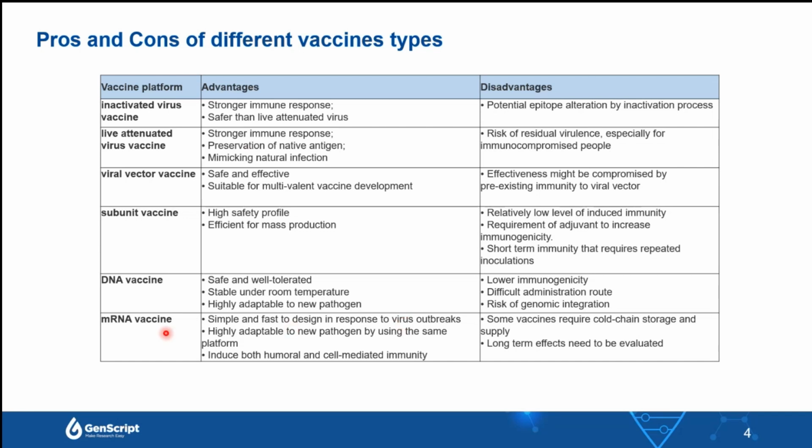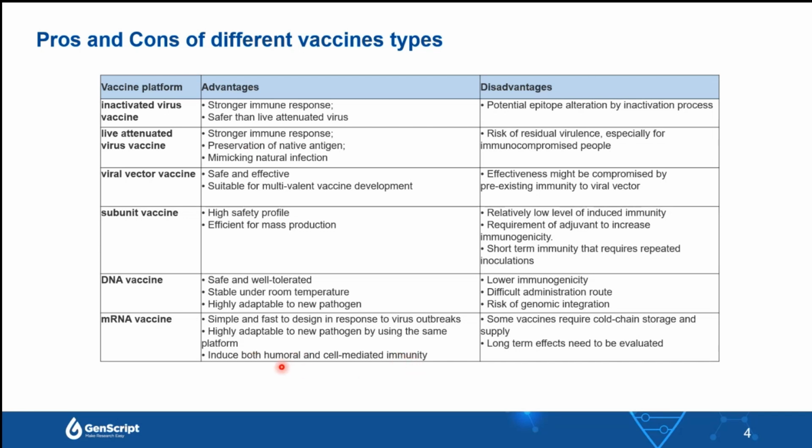And the last one is mRNA vaccine. It's simple and fast to design in response to virus outbreaks. We have experienced it. It has successful cases, and the mRNA vaccine has launched onto the market.